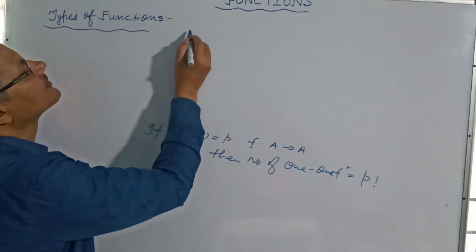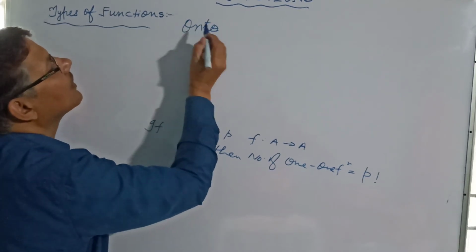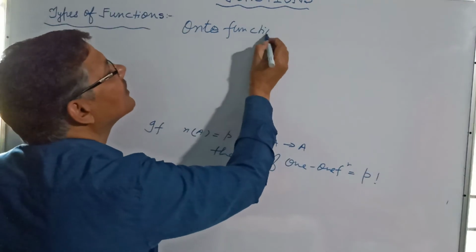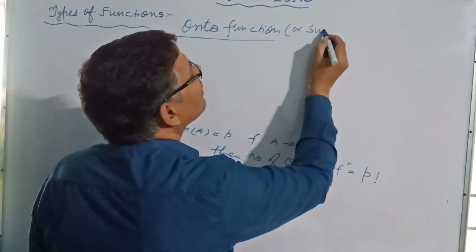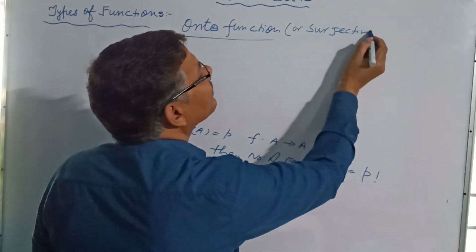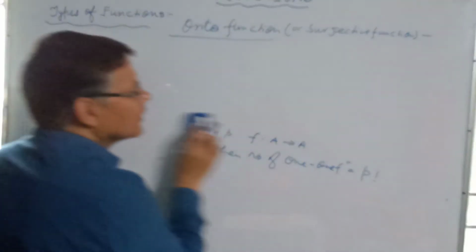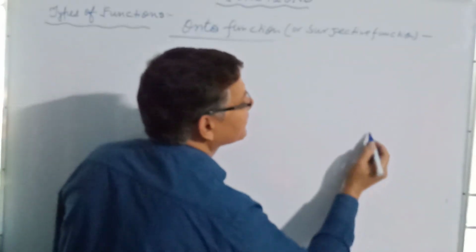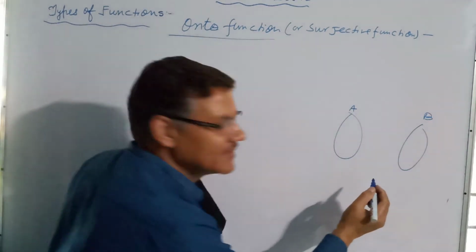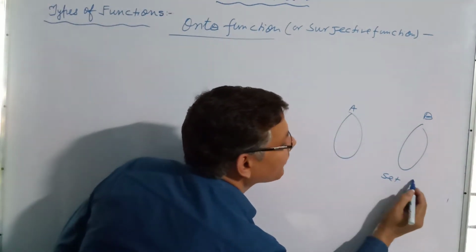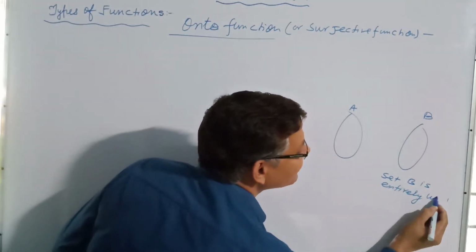Now just take another example. Next one is the onto function. It is also called surjection or surjective function. This is a set A and this is a set B. Only a simple condition is there: set B is entirely used up.